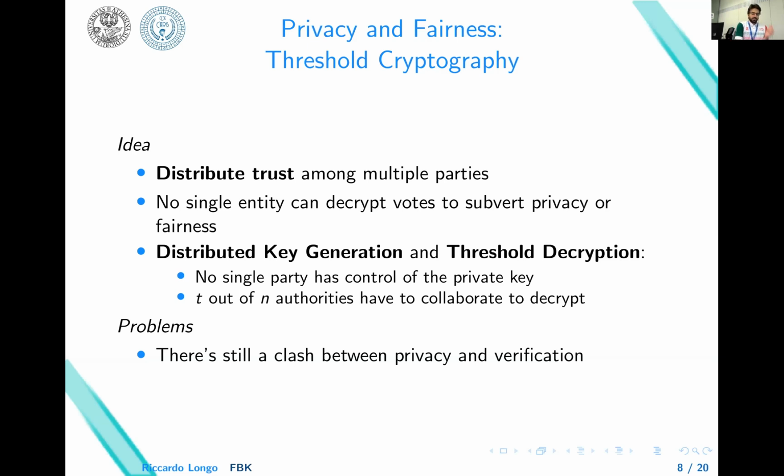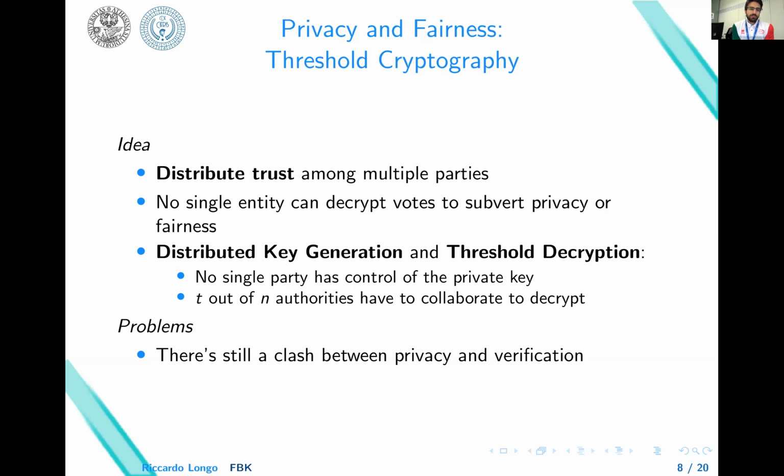So what are the techniques that we use? They are distributed key generation, so that no single party has control of the private key, and then threshold decryption. So we have that t out of n authorities have to collaborate to decrypt. In this way, we can mitigate the potential problems of one or a few rogue authorities that want to break our security assumption.